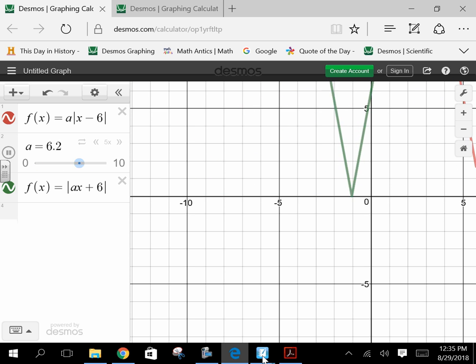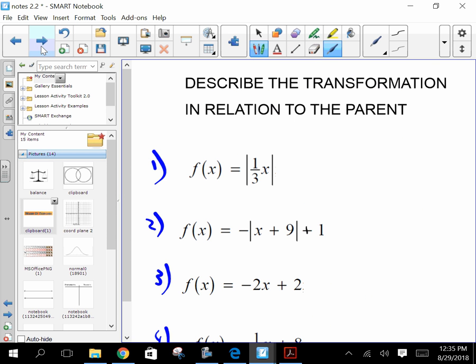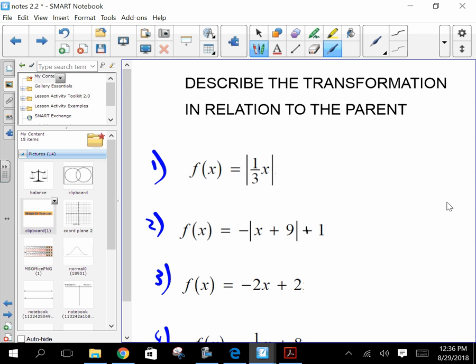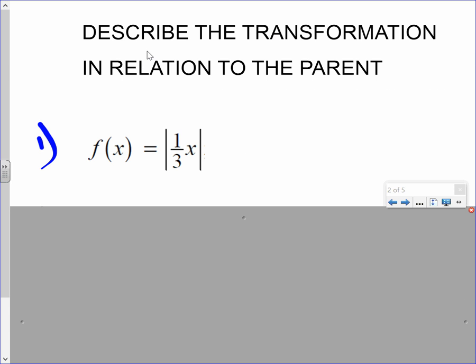Flip your page over. Go to write this on top of the page, on top of your note guide. Describe the transformation in relation to the parent. Look at number 1 first. Describe the transformation in relation to the parent.